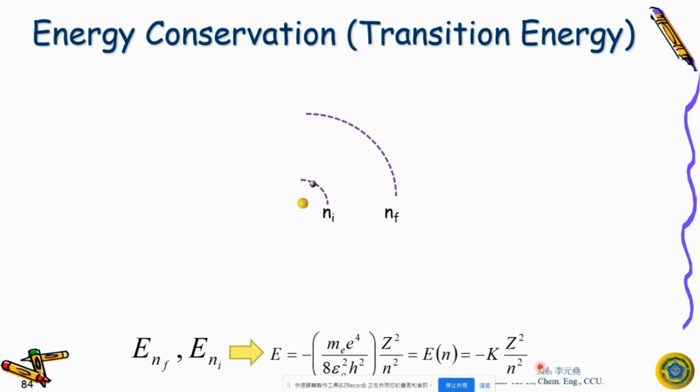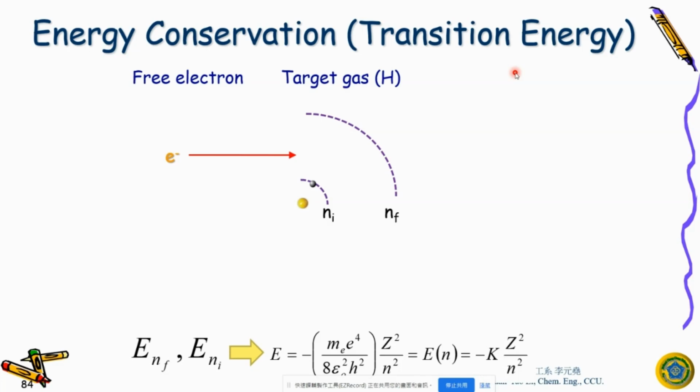Okay, so assume we have one electron in the orbital of Ni, and then we give energy to this target gas by a free electron. For example, it can be an alpha particle, proton, whatever. In this case, we have a gas discharge tube, so we have free electrons.